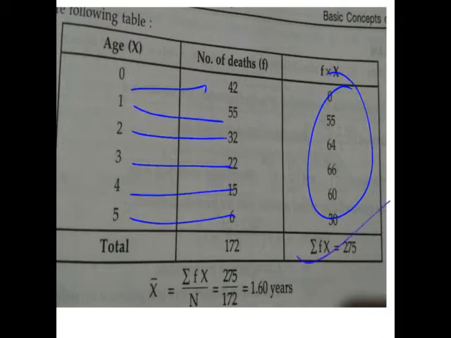The summation is 275, and sigma f is nothing but n, which is 172. So x bar is summation of fx divided by n, 275 divided by 172, which is 1.60. So 1.60 is the answer. In this way we can calculate the arithmetic mean with the help of a table having frequencies.